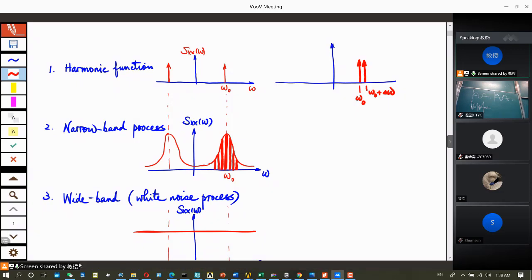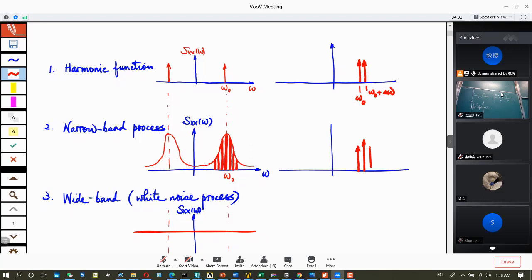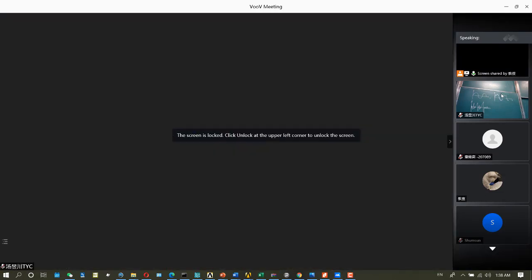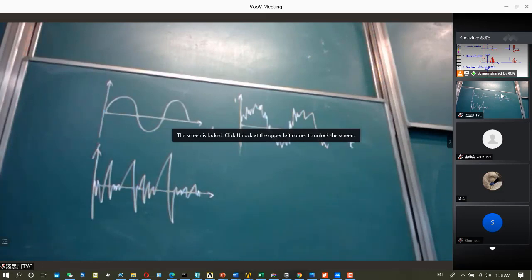This narrow band would be similar to this, but with more frequency components. Obviously we know this.